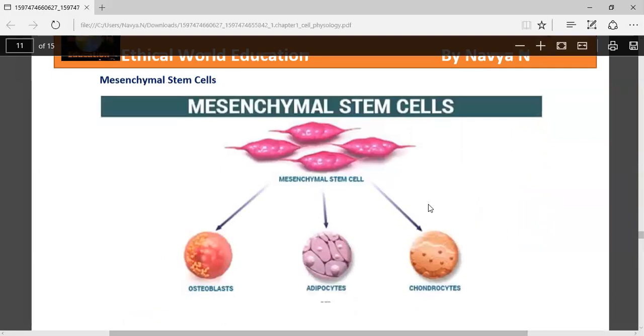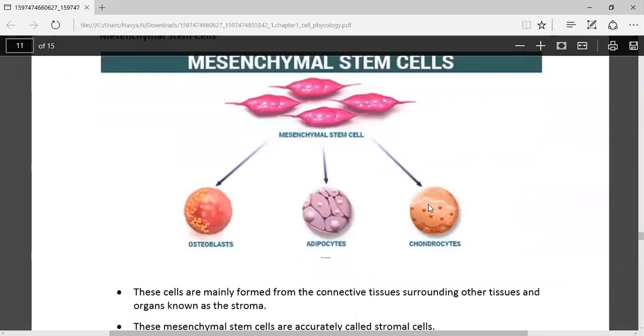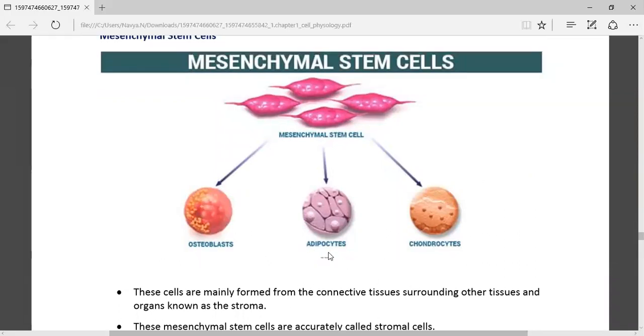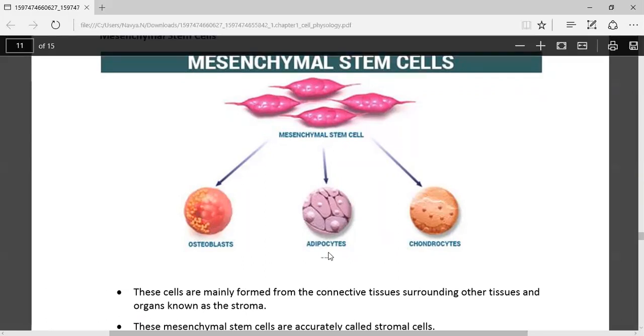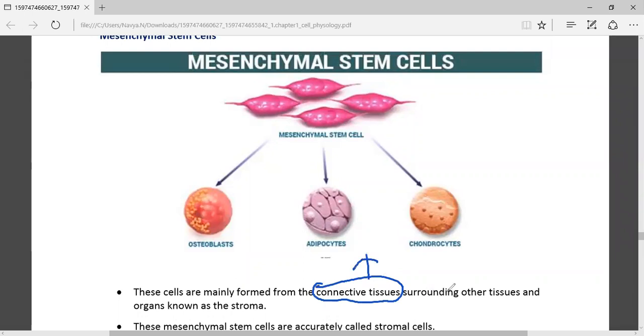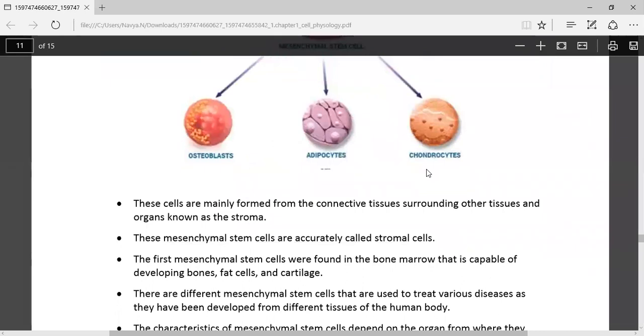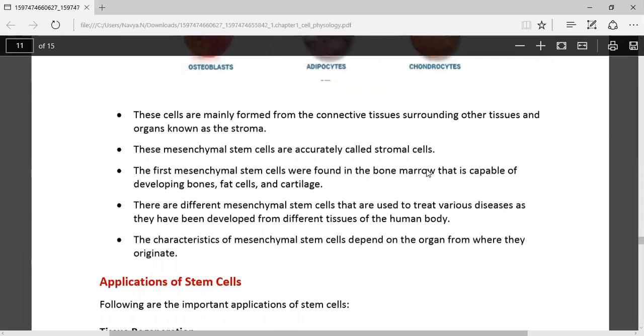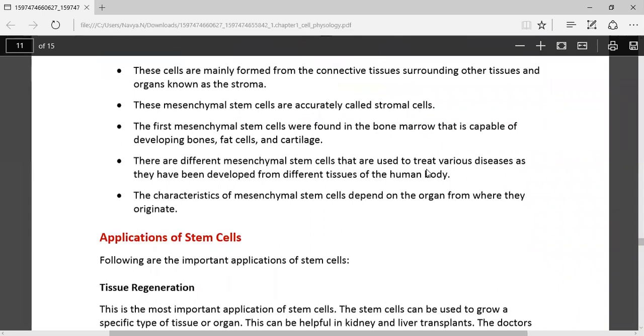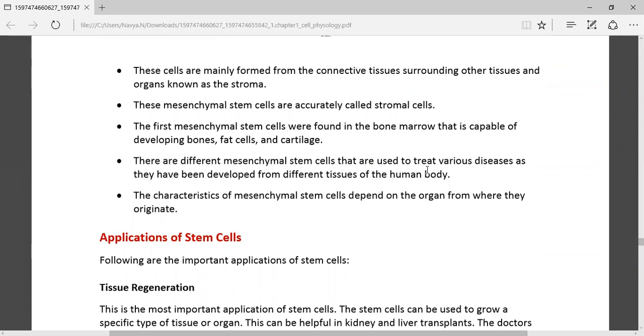Then we have mesenchymal stem cells. These cells are formed from the connecting tissue, which surrounds the other tissues and organs and is known as the stroma. These stem cells are accurately called stromal cells, and they are found in the bone marrow.